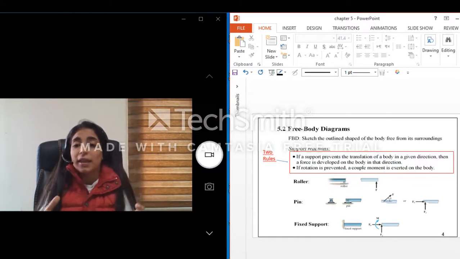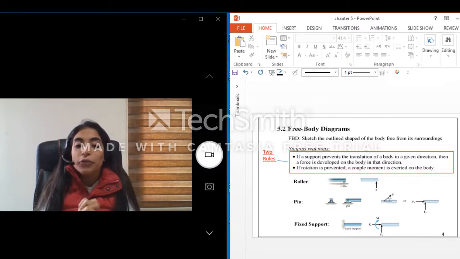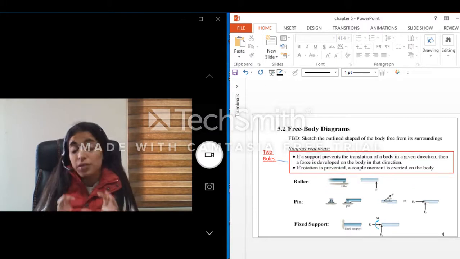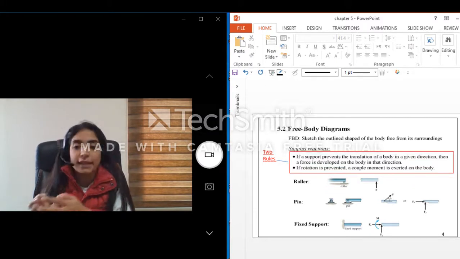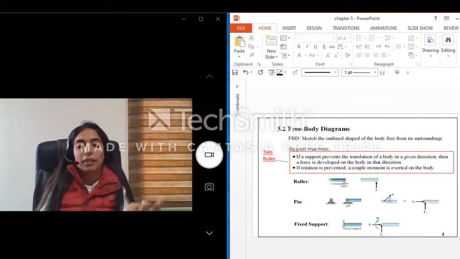It is the reaction of this body to prevent a translational motion of another body. Which means, guys, that this table is doing a force on this body, and this force basically is an external force on this body here, on the mug. Now, same goes for rotation. If rotation is prevented, does that mean that I have a force that is preventing a rotation? Basically, no. I have a couple moment that is preventing this rotation, exerted on this body.